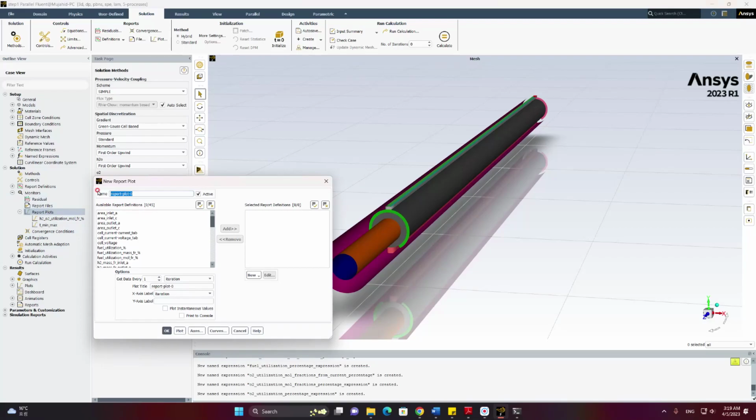To check if there is no local starvation for hydrogen or oxygen, we give the minimum mole fraction available in the anode and cathode.